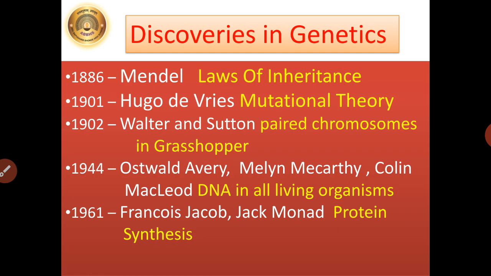After Mendel, that is after 1886, many other scientists have given their discoveries in genetics. In 1901, Hugo de Vries proposed the mutation theory. In 1902, Walter Sutton first observed paired chromosomes in grasshopper.